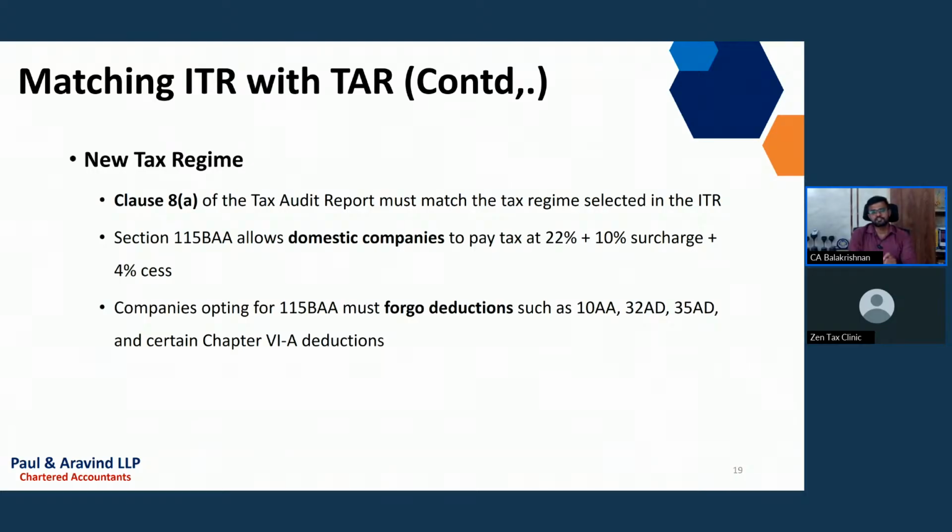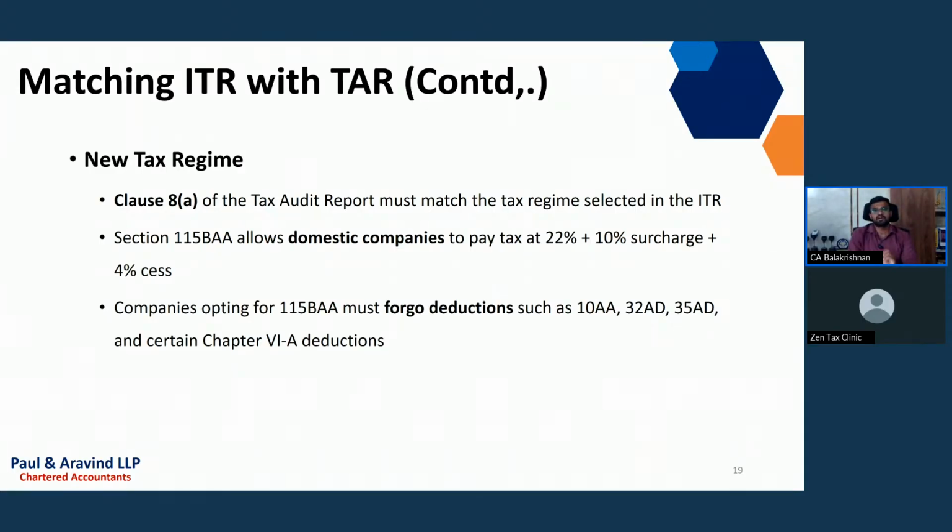Also, if the company has opted for 115BAA, some deductions are not allowed, such as specified business deductions, scientific research deductions and Chapter VI-A deductions, except for 80JJAA, that is additional employee cost. Generally, these deductions are not allowed for such assessees.